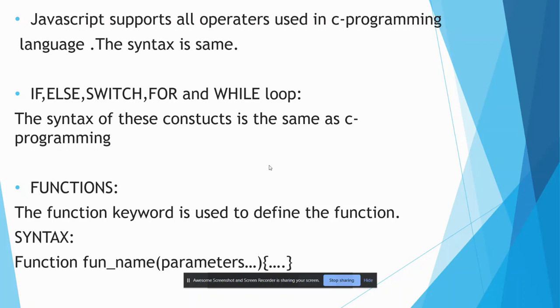When it comes to functions, a function can be defined by using the function keyword. For the syntax of the function, as we can see here, we just write the function keyword, then a space, and we write the function name and parameters, inside which we write the statements or the code within the function.